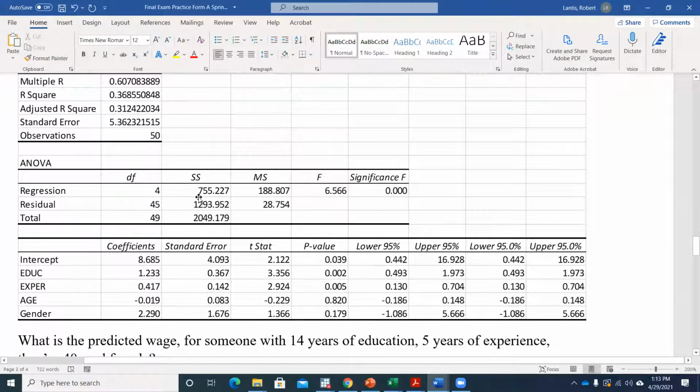The only other question from this regression output that I could ask you about, and this is more of a definitional thing, but I want to make sure we're thinking about this correctly, is if I asked you what percent of the variation in hourly wages are we explaining with these 4 variables, what stat would you look at? So we talked about a statistic that measured the proportion of the variation in our Y variable that we are explaining with our X variables.